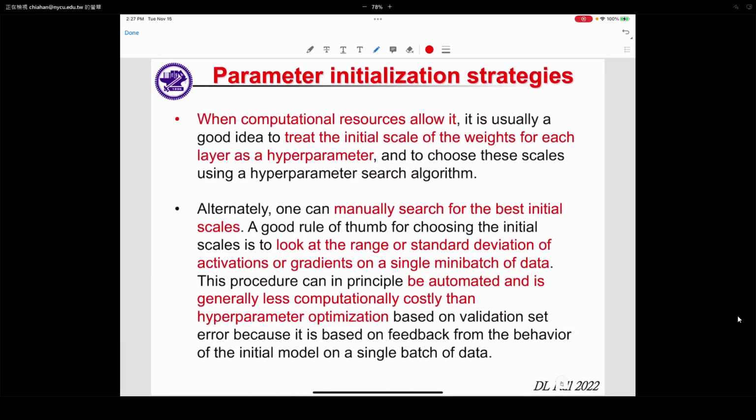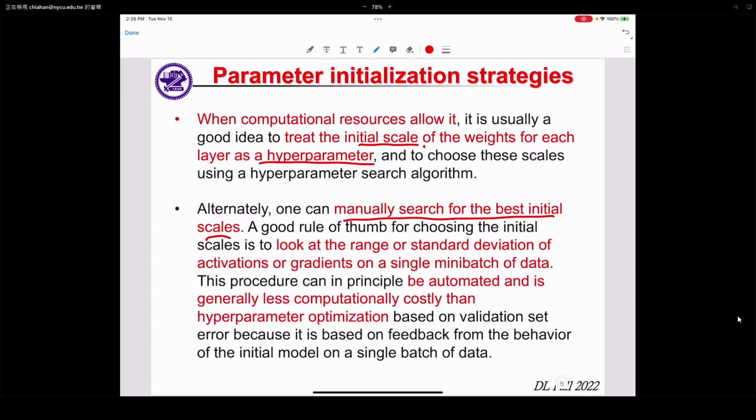So if your resources allow, it's always better to treat the scales as a hyperparameter. Or nowadays you can use packages for the initialization, or you can manually search for the best initial scales.